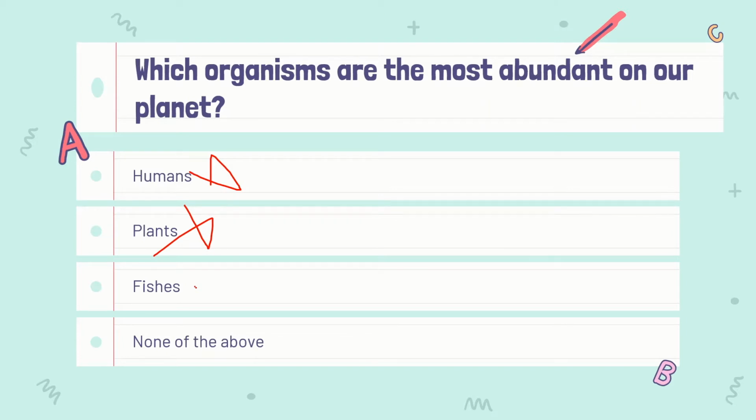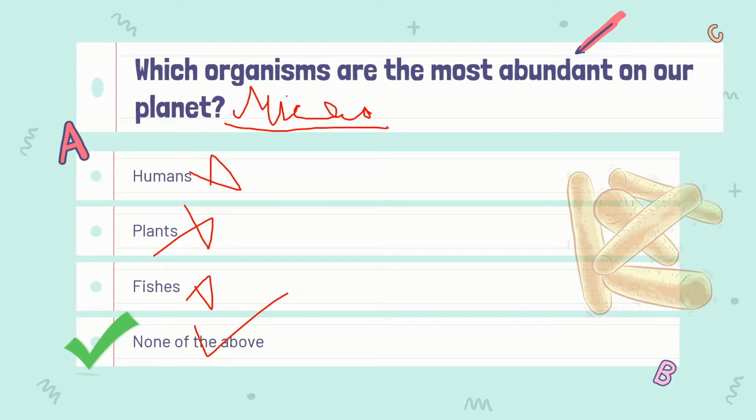Actually, the organisms which are the most abundant on a planet are microorganisms. Microorganisms are everywhere, in water, in air, in deserts, in polar regions, right?